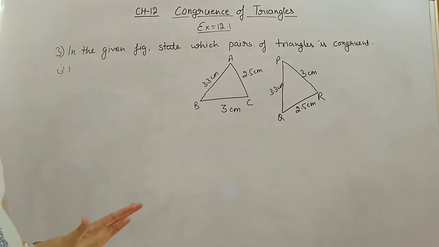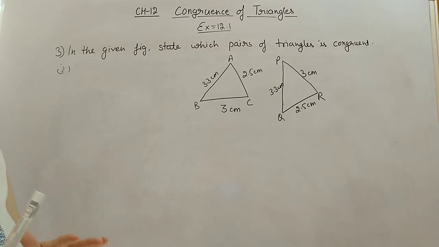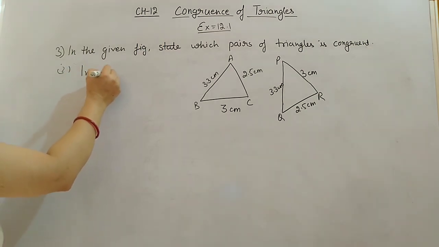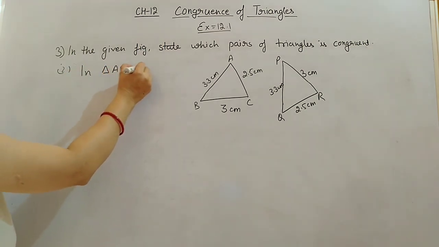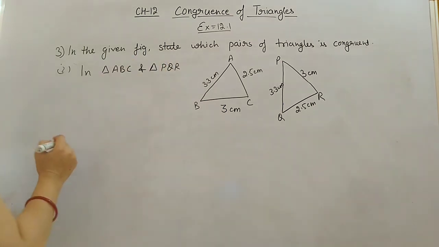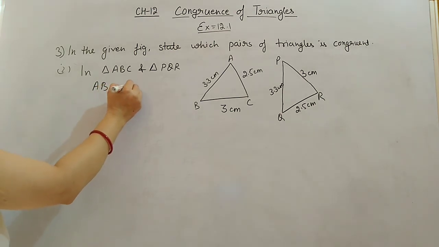It means all the three dimensions are the same. Now we have to check in which order these are the same. We have to find out the corresponding sides. So in triangle ABC and triangle PQR, you can see AB is equal to PQ.